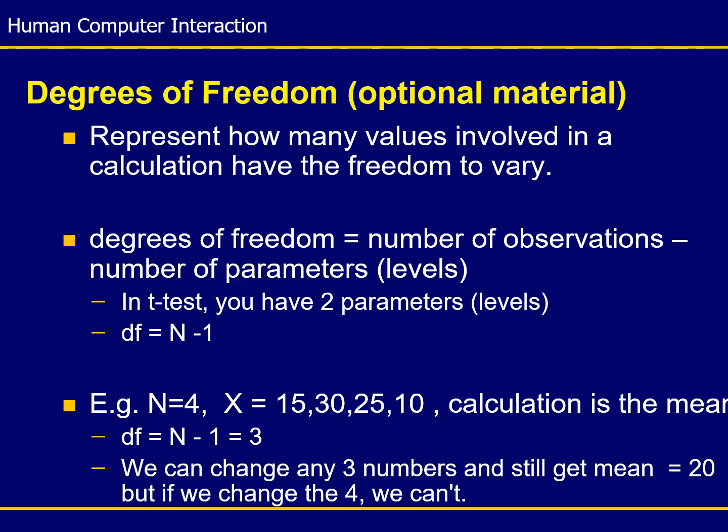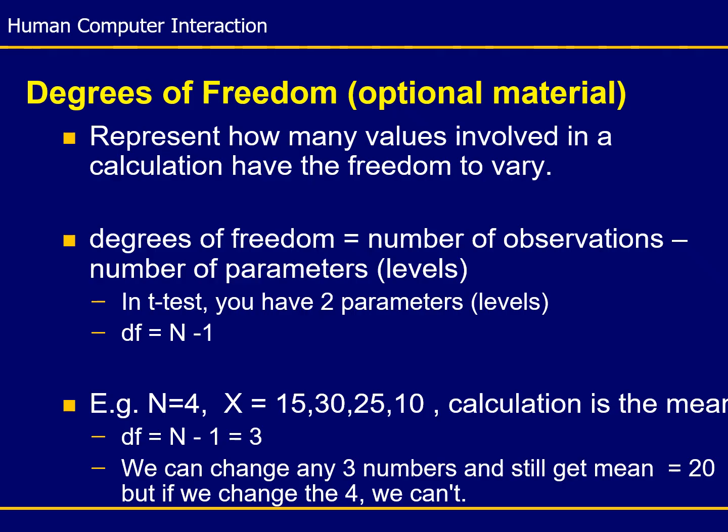Now let's look at the example at the bottom. For n equal to 4, your sample size is 4, and these are the values you got. The degrees of freedom is going to be n minus 1, which is 3. What does that mean? It means we can change any 3 numbers from the numbers you're seeing here and still get the mean equal to 20. But if we change the 4th, we can't.